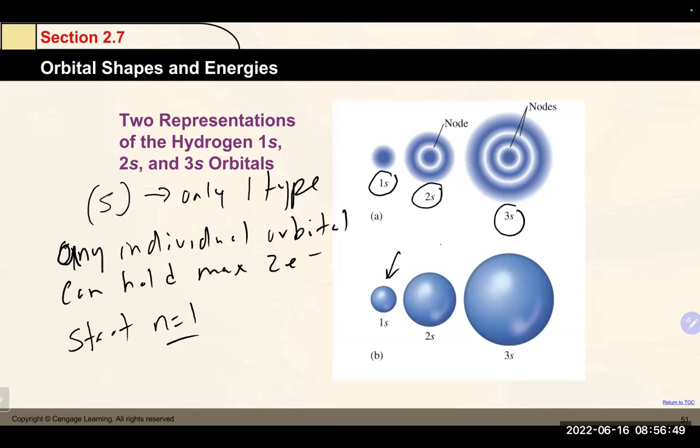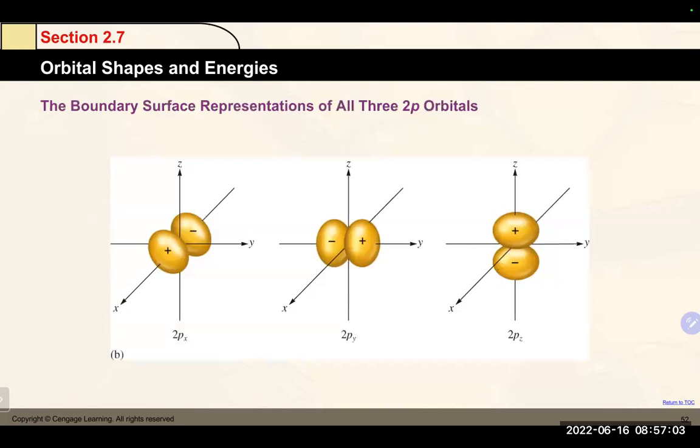And you can see that as it goes from one energy level to the next, the shape remains the same, but the size gets a little bit bigger to accommodate all the electrons in there. The next type of orbitals that we talk about are p orbitals, and these first appear on the second energy level.